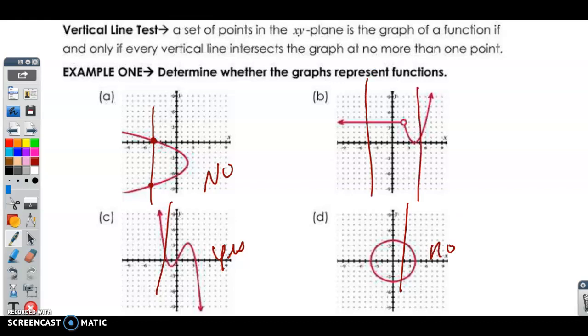This is a function because, you don't have to worry about the hole. I can't really draw a line there because there's no graph there. So if I read the definition here, a set of points in the xy plane is the graph of a function if and only if every vertical line intersects the graph at no more than one point. Okay, well, there's no way to intersect a point at that vertical line.